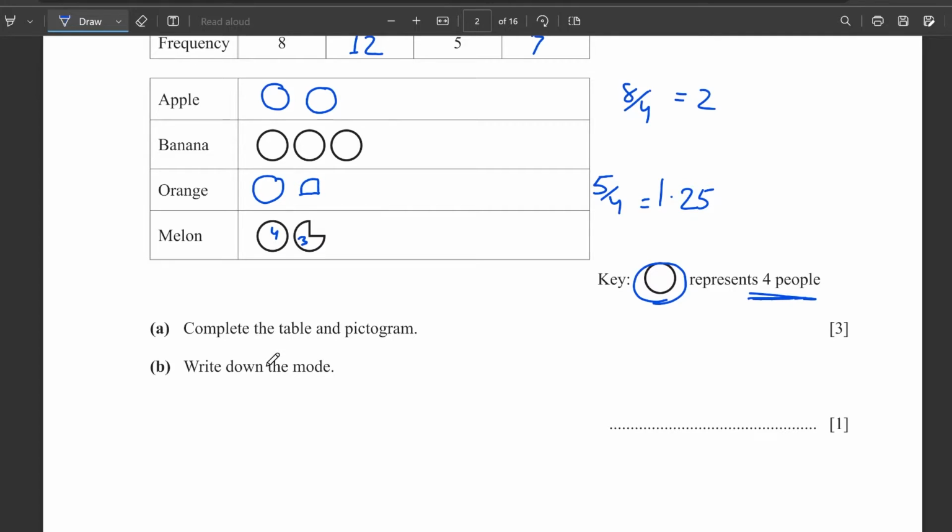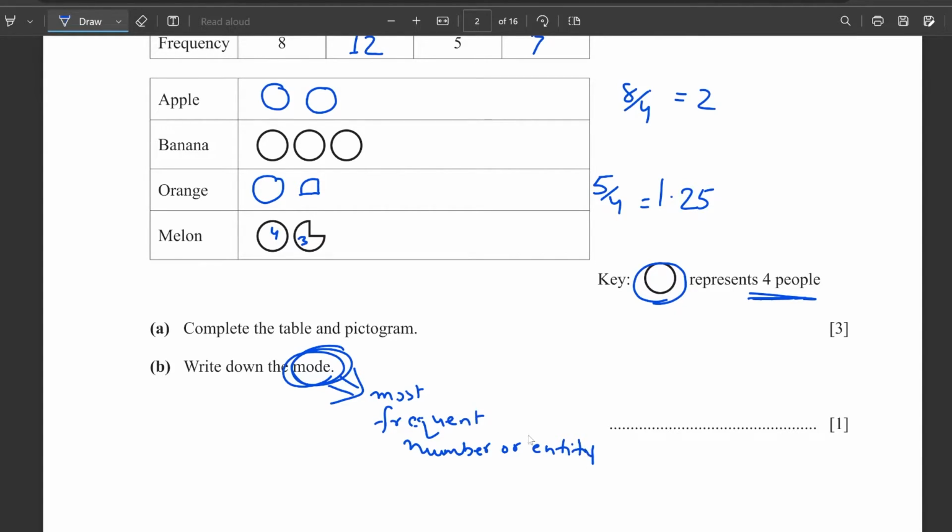Write down the mode. Now the mode, just remember this. I can give you a detailed lecture on each topic, but for now, just remember that the mode is the most frequent number, or entity, or whatever.